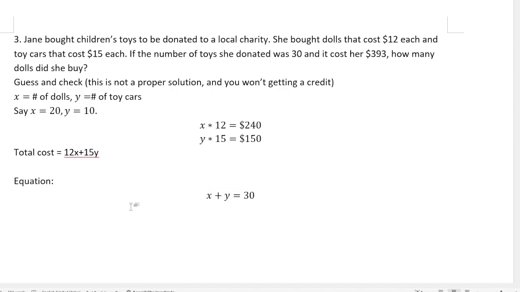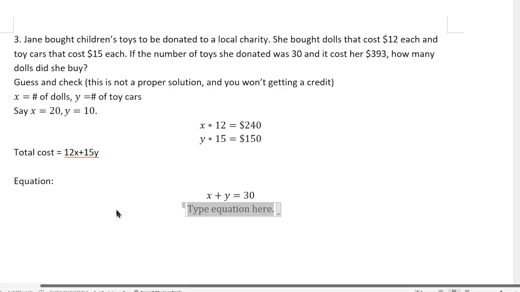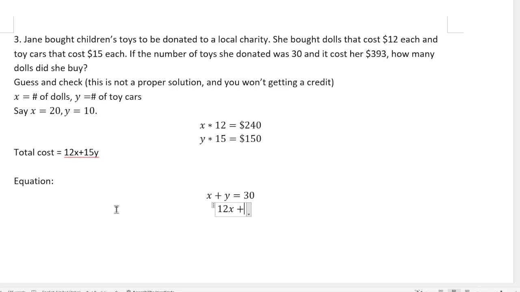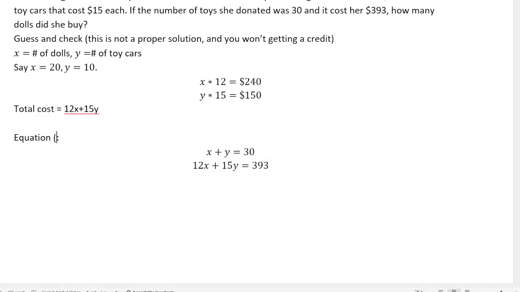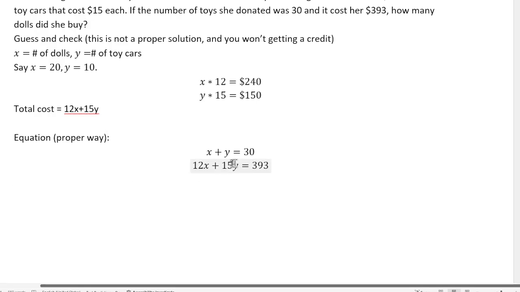And then the other requirement is that the total cost, which is 12x plus 15y, must equal 393. Okay. So this is the proper way to receive the credit.